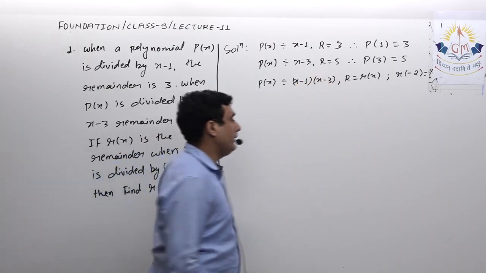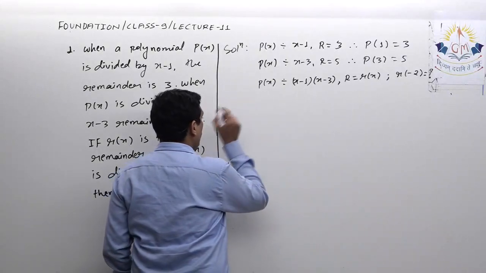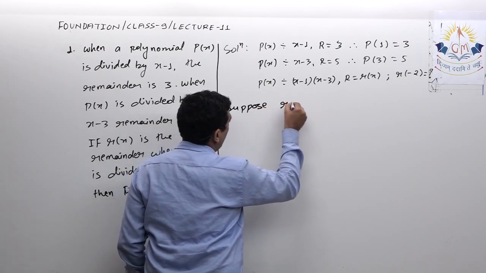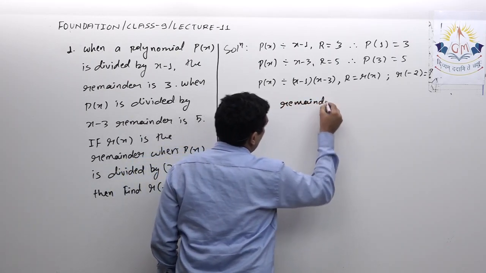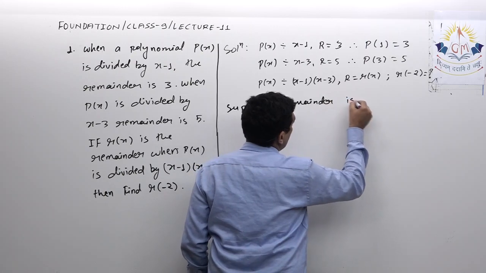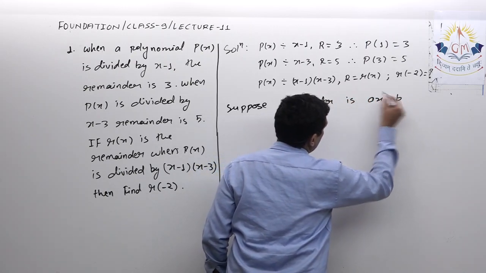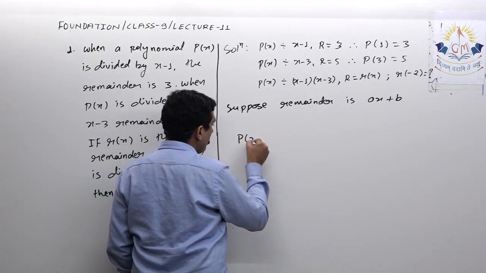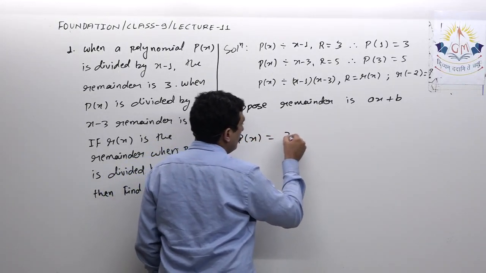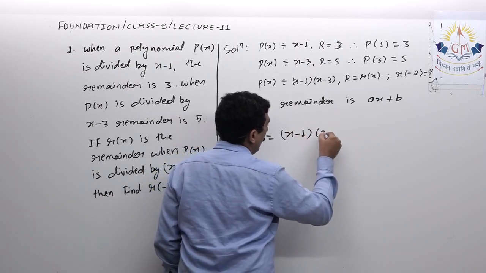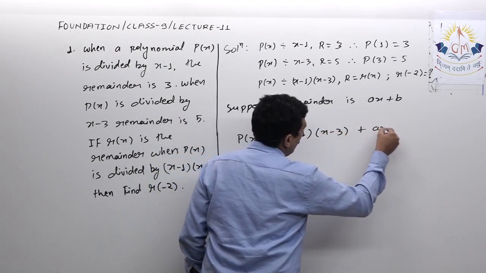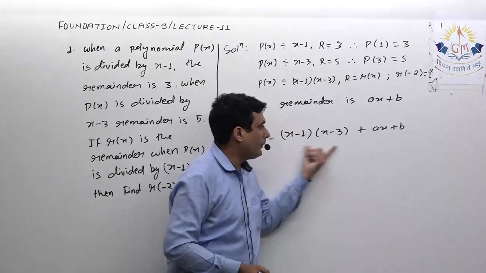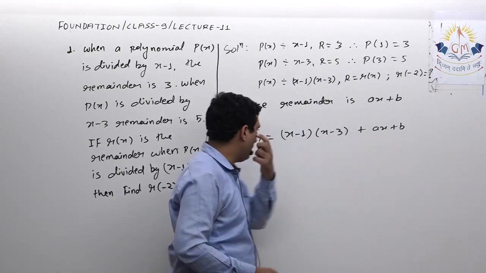So suppose the remainder is ax plus b. Now I can write p(x) = (x minus 1)(x minus 3) plus ax plus b, since the polynomial is divided exactly, leaving this remainder.